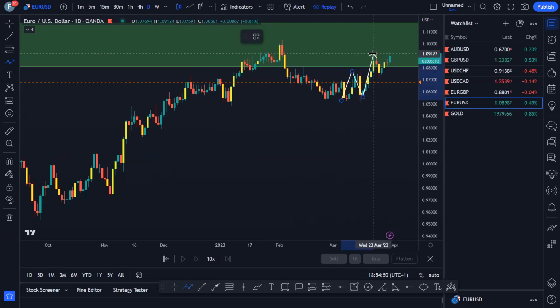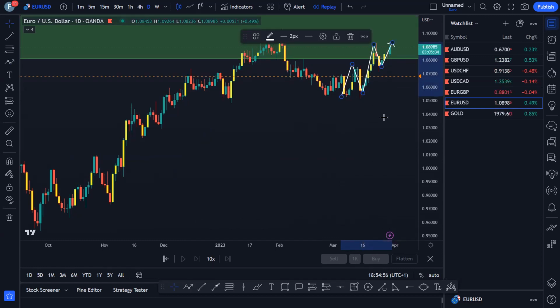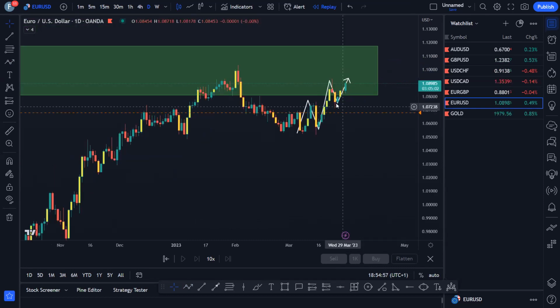This is a minor structure anyways, but it's still a bullish momentum. That means on daily, this guy is not actually ripe for a sell yet.